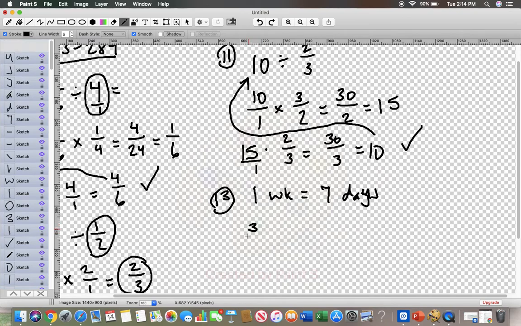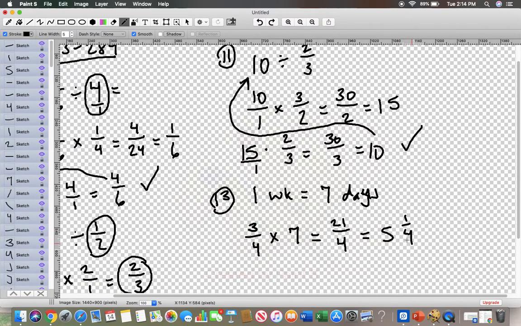So 3/4 of an hour every day for how many days? 7 days. So if I add 3/4 to itself 7 times, I can say 3/4 times 7 is 21 over 4, which can reduce down to 5 1/4. Okay, let's go back through here.